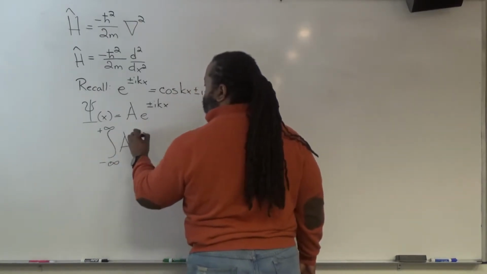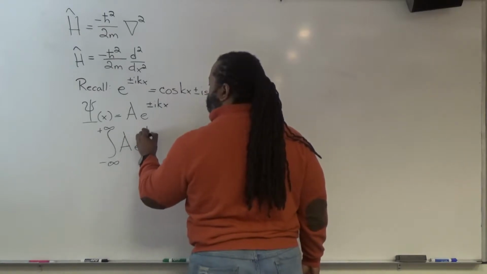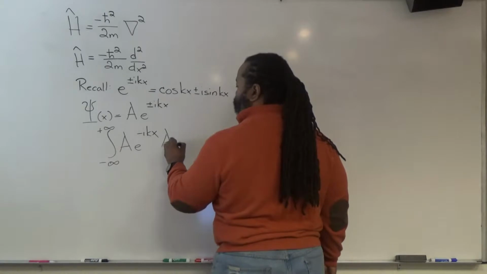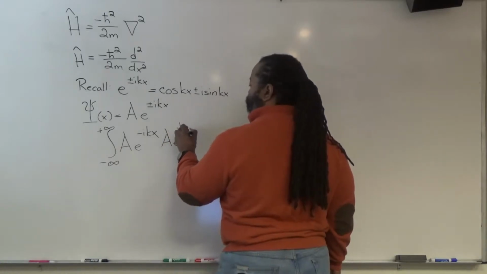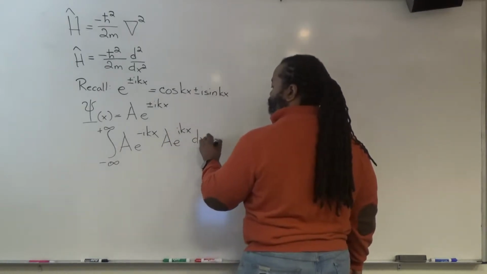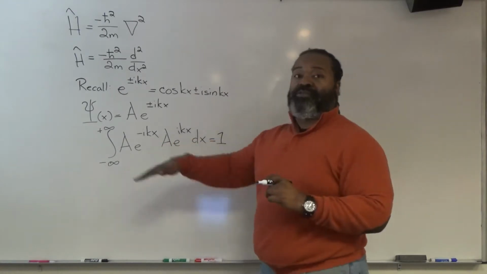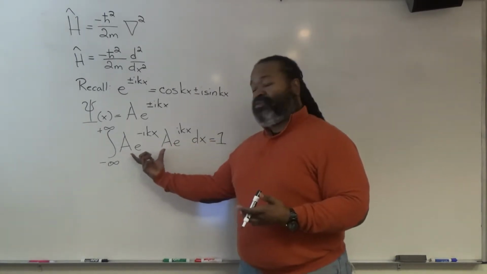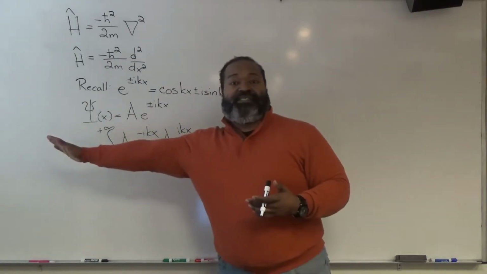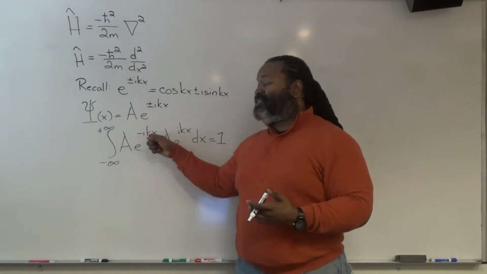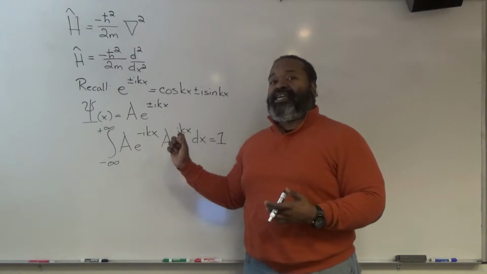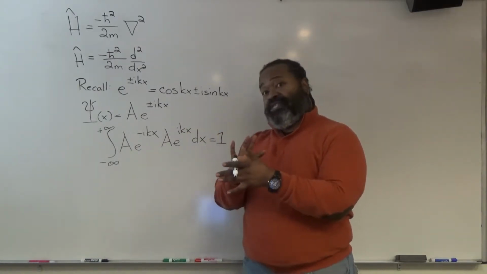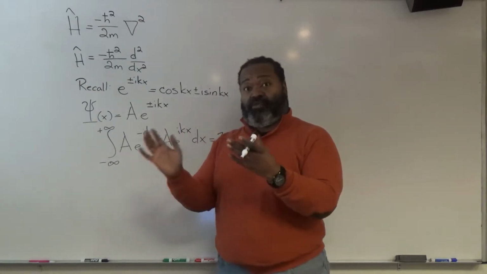We want the conjugate, so I'm changing the sign on the imaginary part, times the regular wave function, and that entire thing has to equal 1. We pull the normalization factor out completely, leaving us with e to the minus ikx times e to the ikx. Combining those powers leaves us with e to the 0, which is just 1.